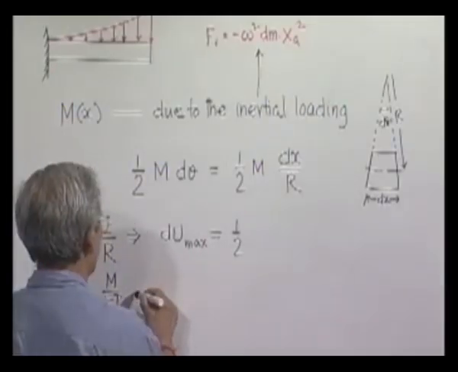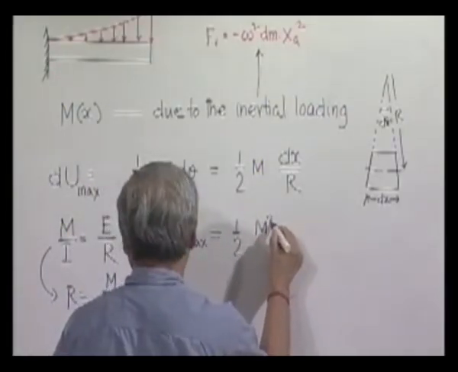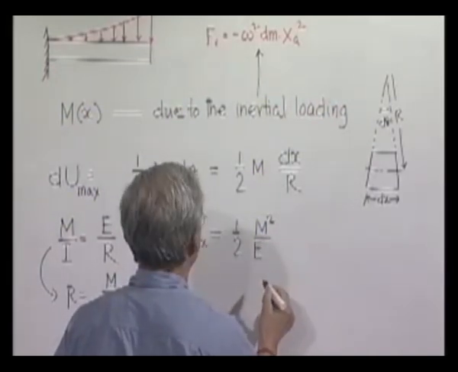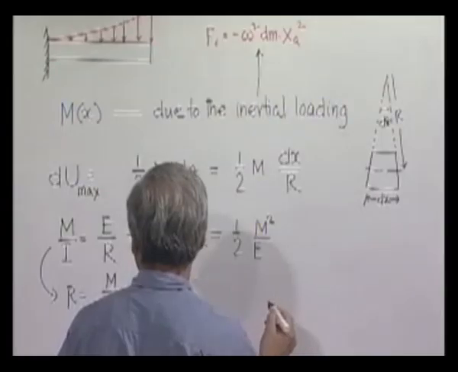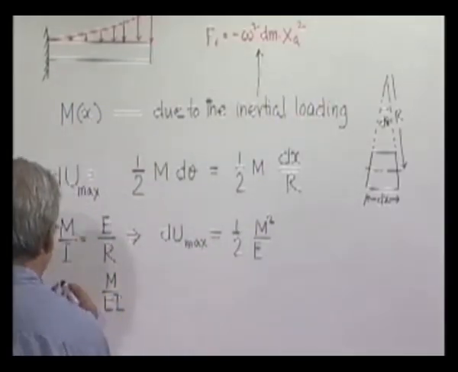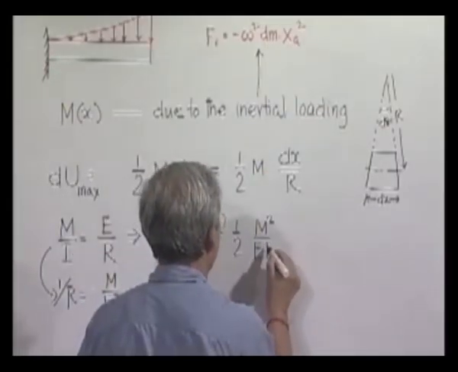So now let us use this here. It will be M square by EI.